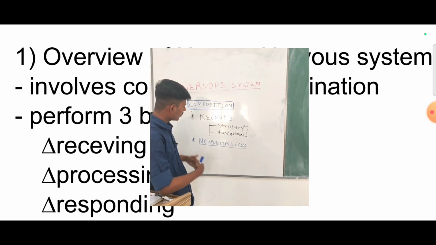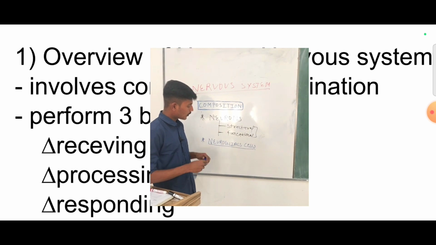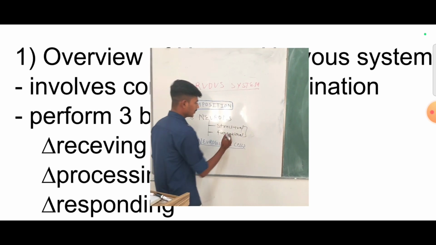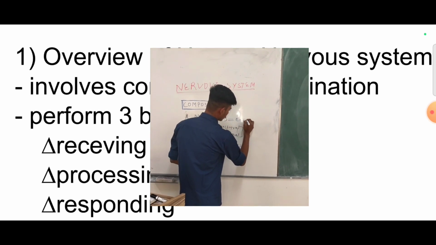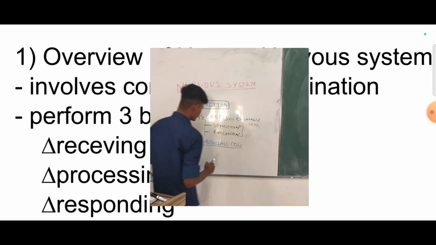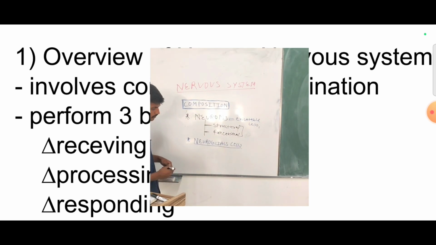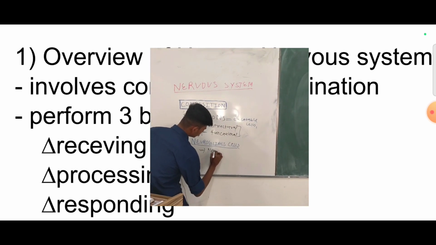That's the one difference. So neurons are excitable cells, whereas the neuroglial cells are non-excitable cells.